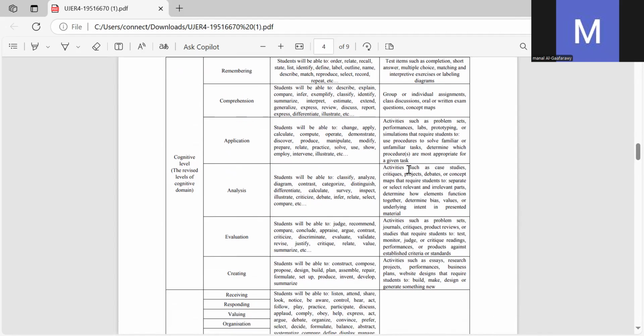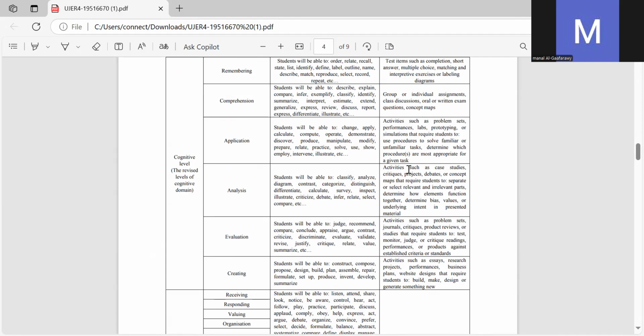As you can see, the cognitive domain comes first, with its 6 levels, and beside each level there is a set of action verbs that we make use of in setting our lesson objectives and assessments, and in designing our activities and tasks in the classroom.